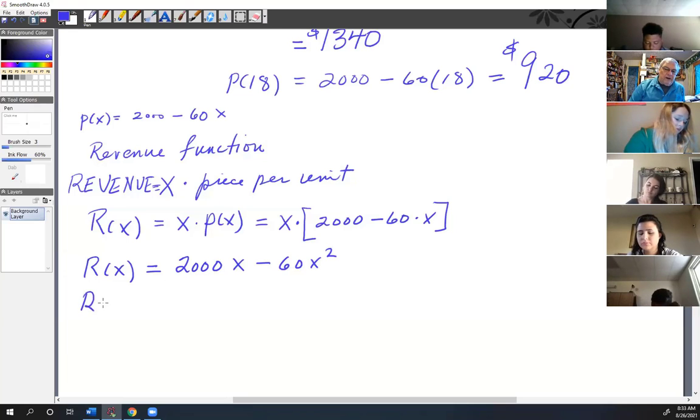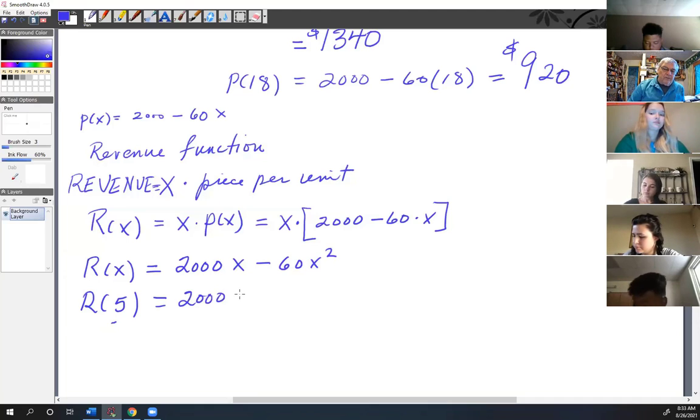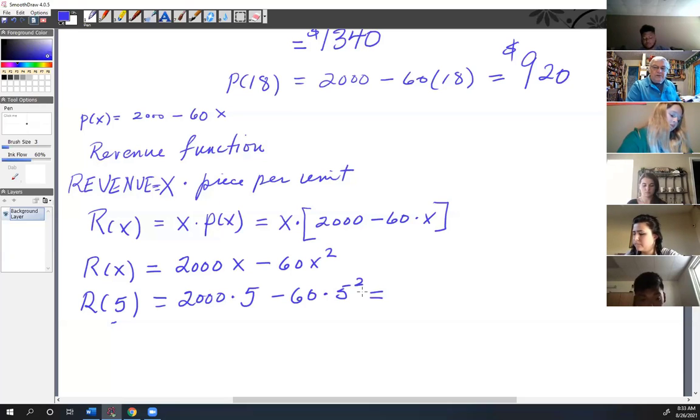So what if I decide that I'm going to manufacture and sell 5,000 of these computers? Now that would be a 5 in here, right? Because our units are thousands. Then we would expect the revenue to be 2,000 times 5 minus 60 times 5 squared. Might as well figure out what that's going to be since we've got the equation and we've got a calculator.